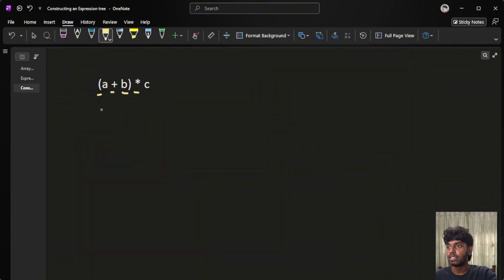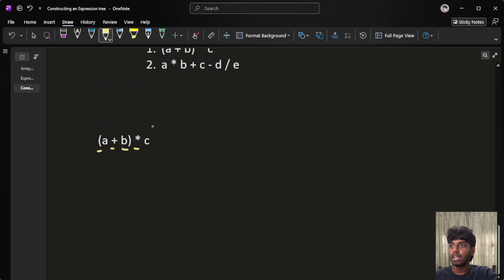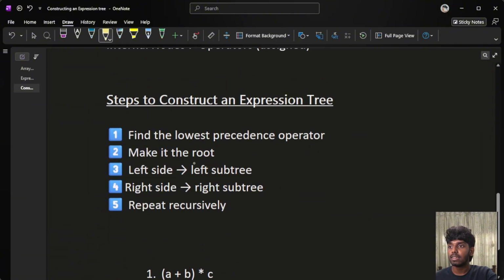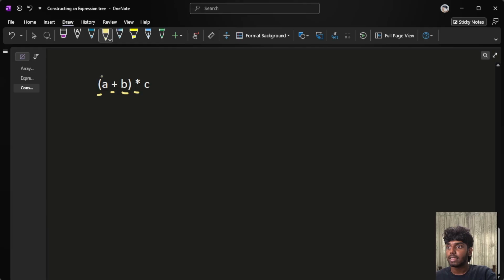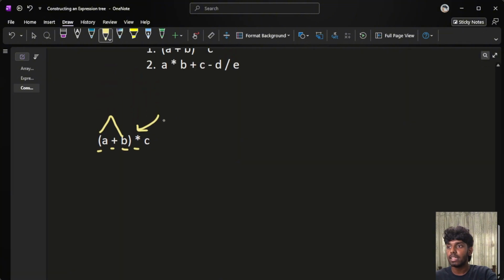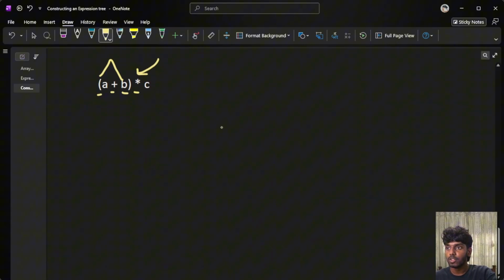We have to look at the precedence, like which one has the lowest precedence. Right here, the brackets will execute first, and then the multiply will execute. So this is the operator that has the lowest precedence.